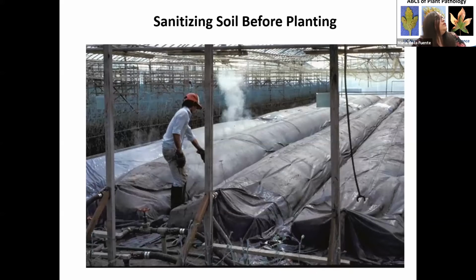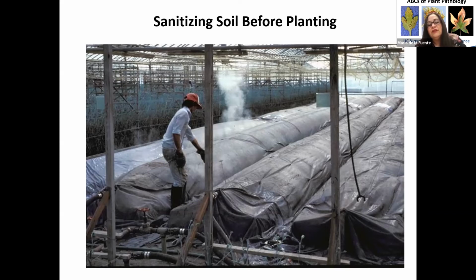Another easy way to do sanitation is with the heating with vapor of your soil. Although nowadays I have not seen very many greenhouses where they still plant in the soil. They usually have substrates, or they are outdoors.